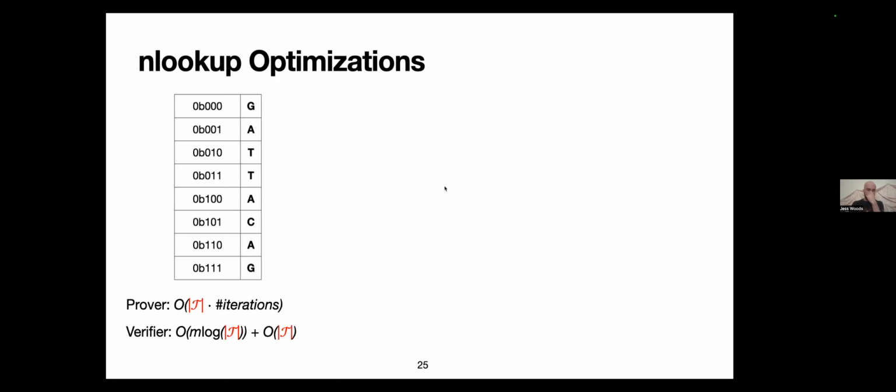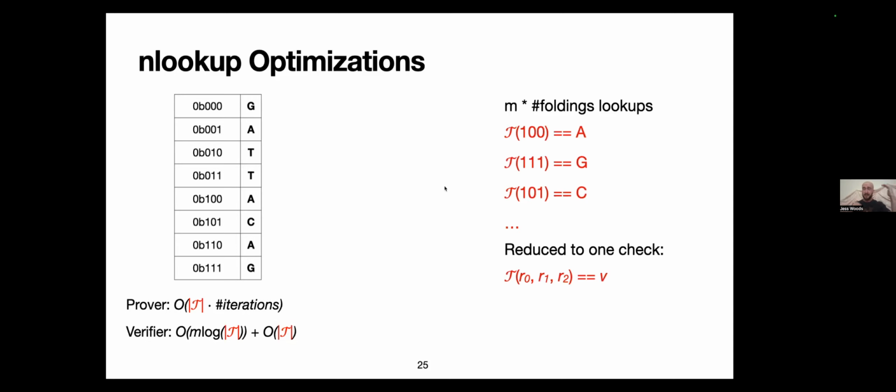Because we use sum check within NLOOKUP, the prover has to compute over the whole table to compute the sum check witnesses every round. This means the prover does T work for each iteration, which is not ideal, especially in cases like DNA, where the table might be much, much bigger than the actual lookups we do.